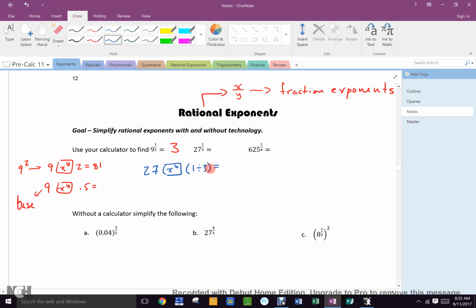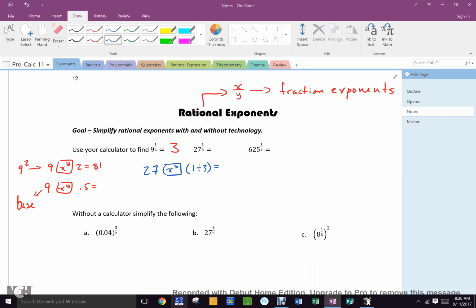Everybody do that one. Even though you know the answer, make sure you can get your calculator to give it to you. Because everybody's calculator is slightly different. And it's a real pain for math teachers because 29 kids out of 30 make their calculator do the right thing and one kid is always like, mine doesn't do it. So we have to figure out what kind of calculator that kid has. So if everybody would be so kind as to try to make this work.